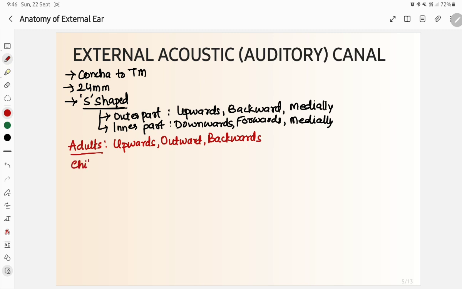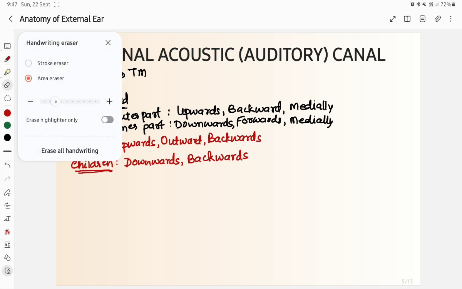And in children, this is downwards and backwards. This maneuver is a very important question in Viva and is very often asked. So do remember this.